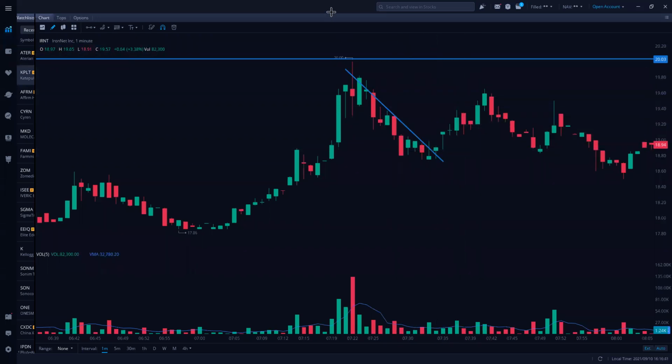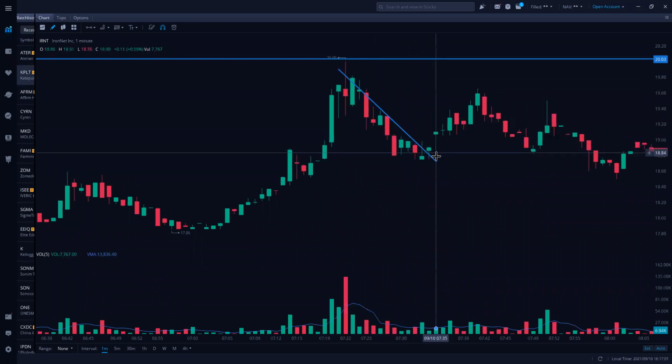Wait, hold on. Let me do something real quick. Okay, there we go. So you can see during this downtrend, you could have bought the downtrend break. You could have added this break of resistance and just scalped it right here.